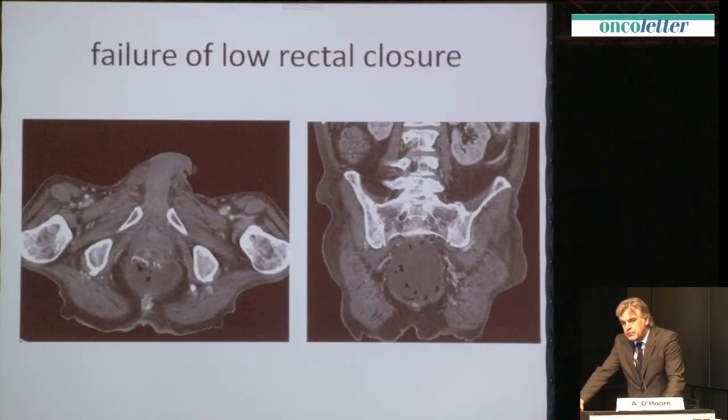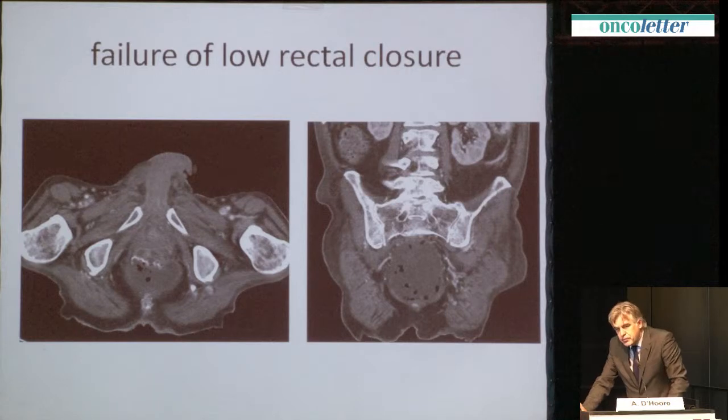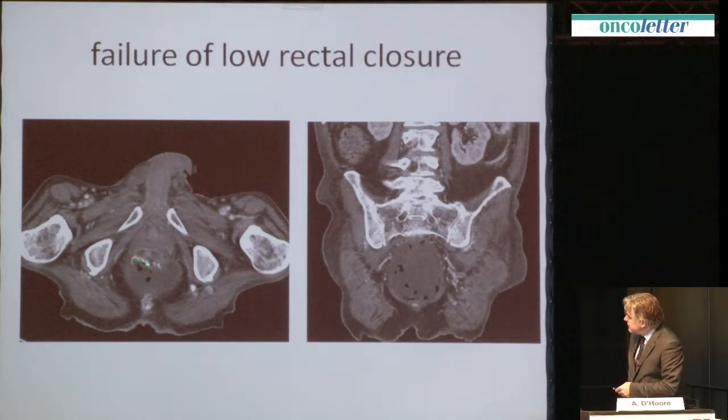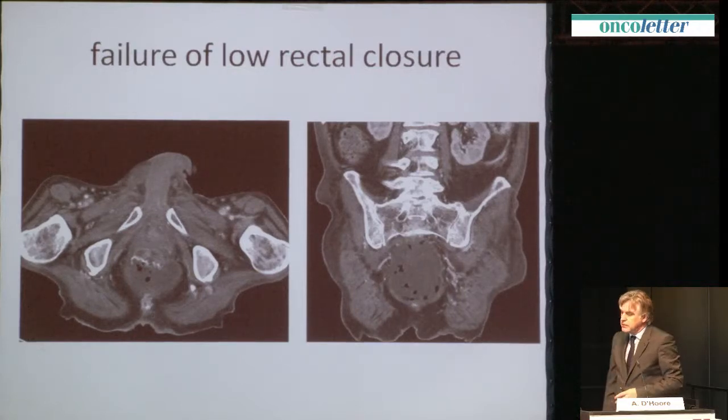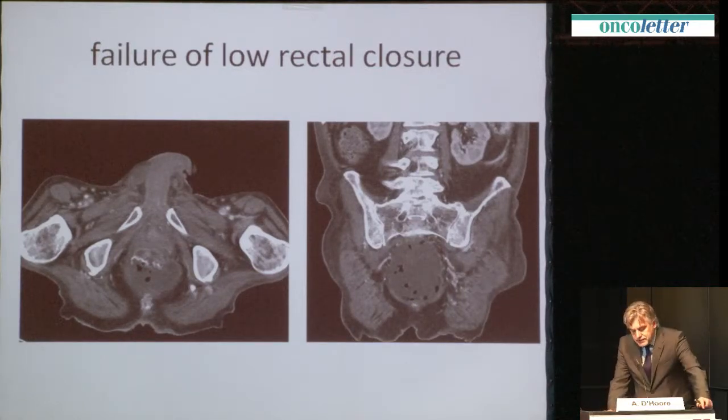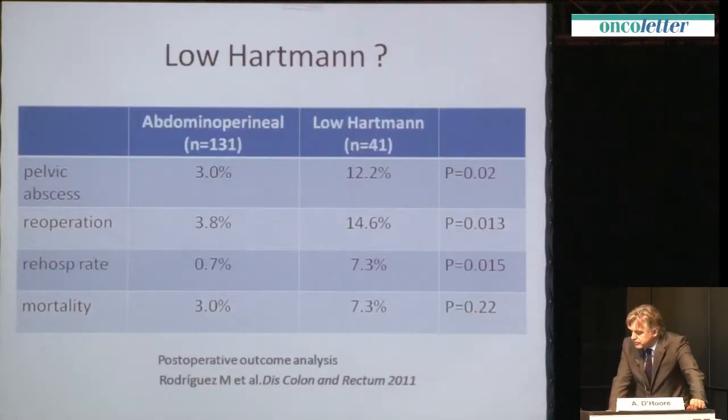And one of the problems, and it's a frequently faced problem, is that here you see the distal stapling just above the coccyx at this level, and you see a huge pelvic abscess. This is quite a common finding, and it's completely different when you do a high Hartmann resection.